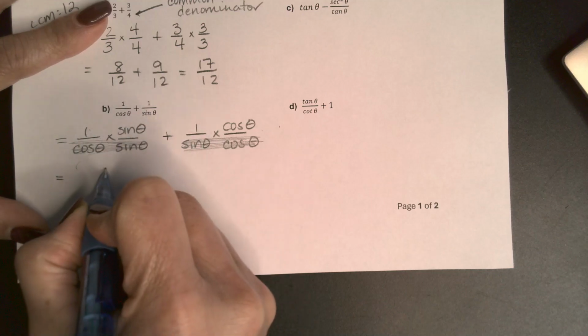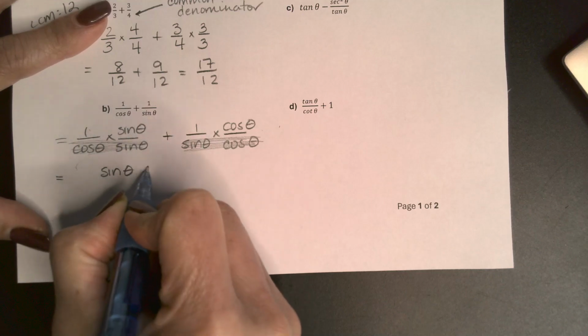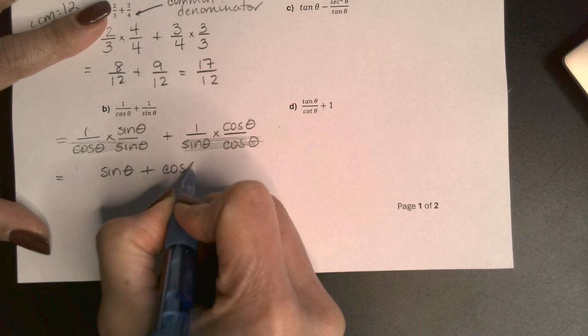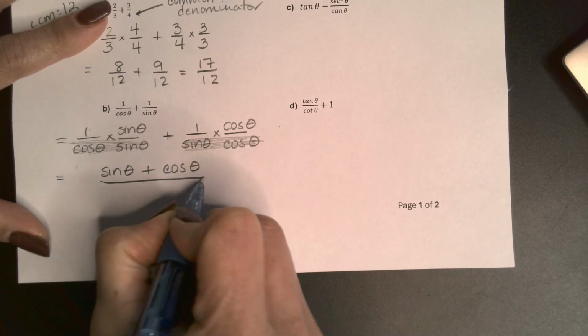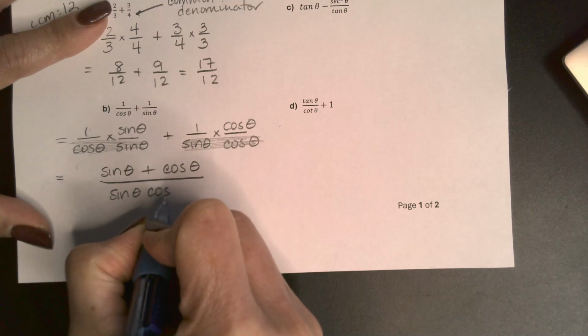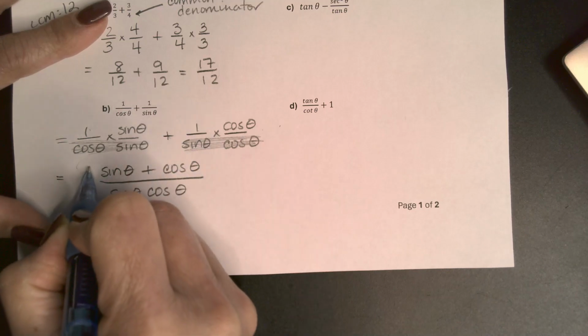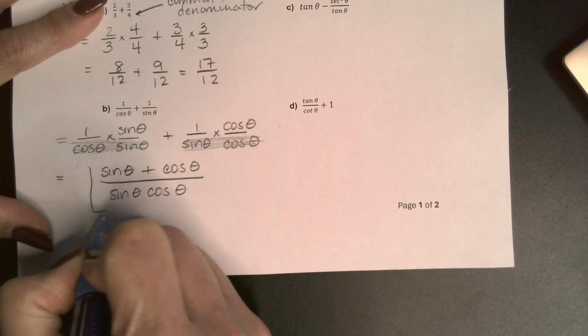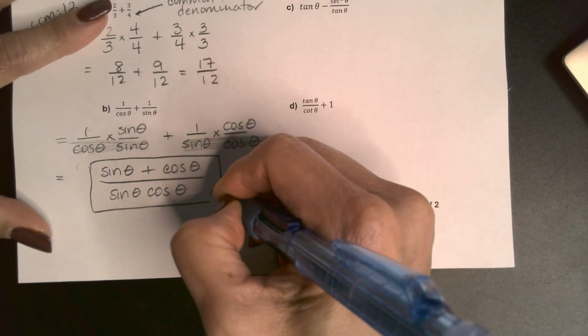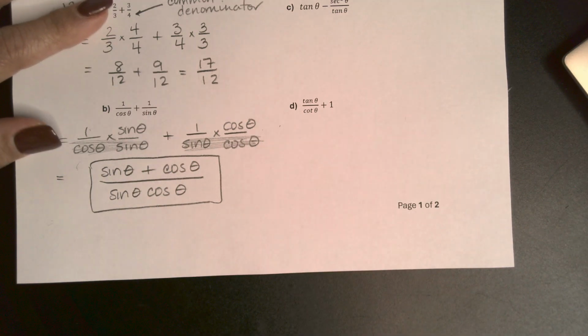So 1 times sine is a sine theta, plus 1 times cosine is a cosine theta, over their common denominator. And whether you write cosine or sine first does not matter. So this right here is the simplified answer. And you can't go any further than that.